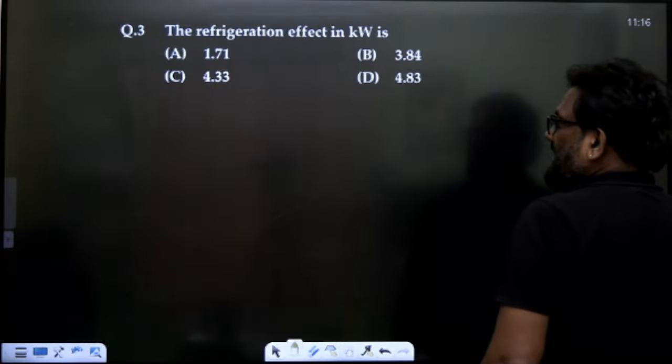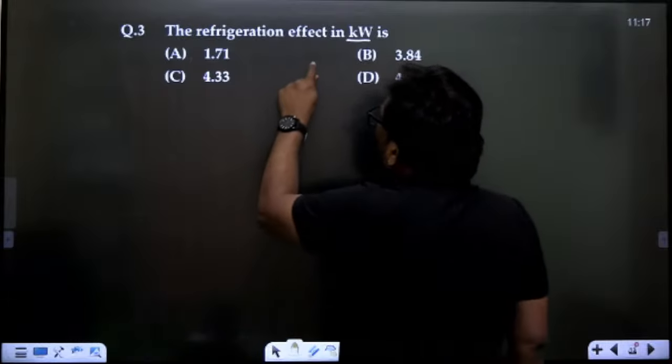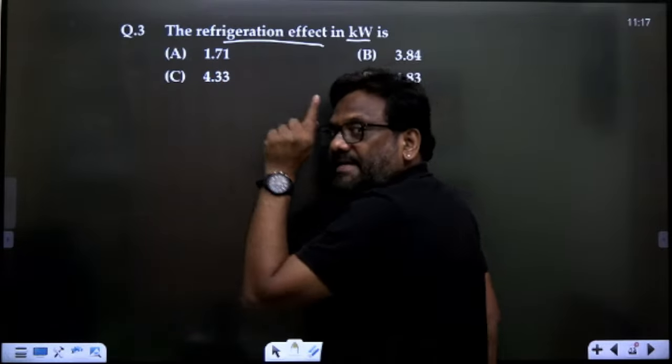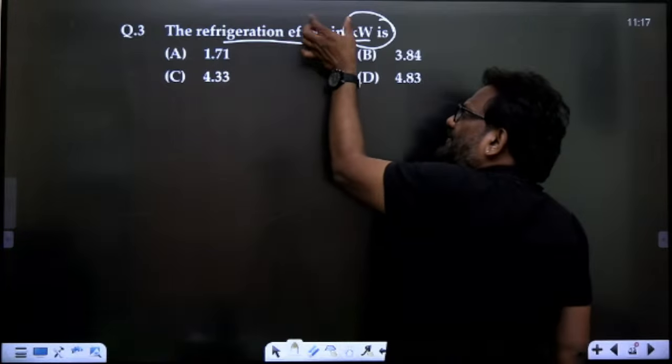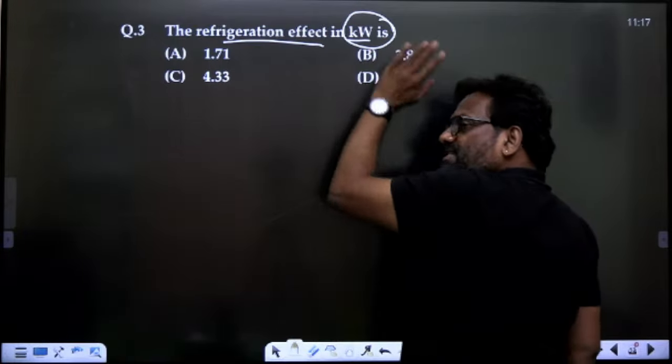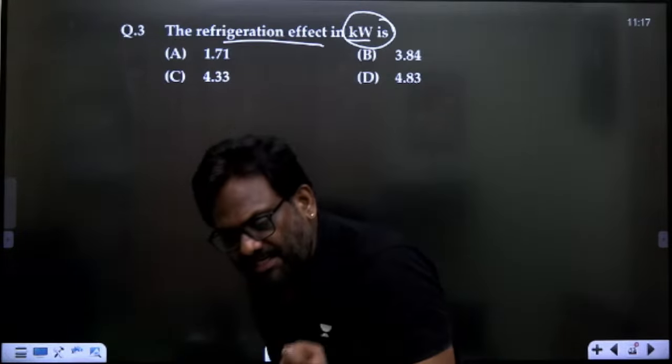Refrigeration effect is generally in kilojoule per kg, but here it is in kilowatt. These two words, refrigeration effect and refrigeration capacity, are generally used synonymously. So even though he says refrigeration effect, the real meaning is refrigeration capacity, because he asked in kilowatt.